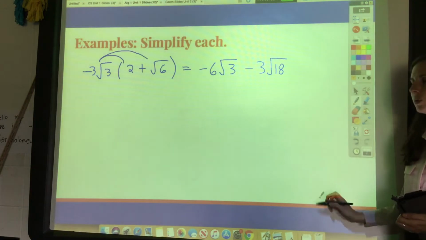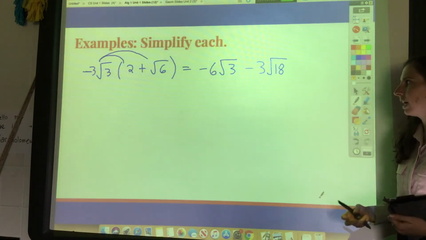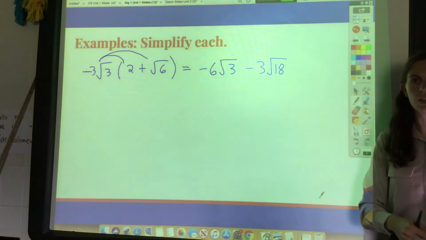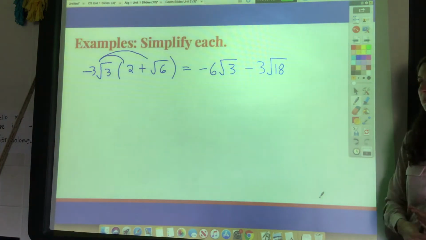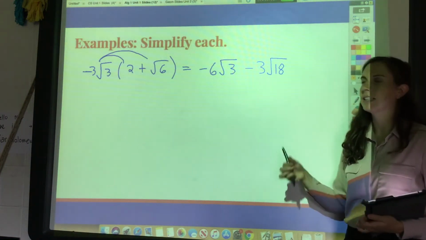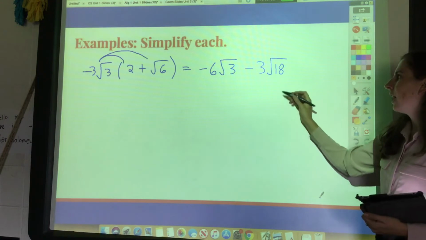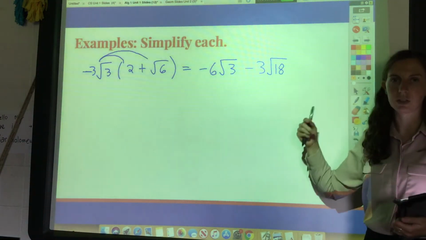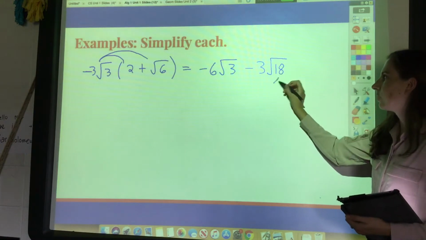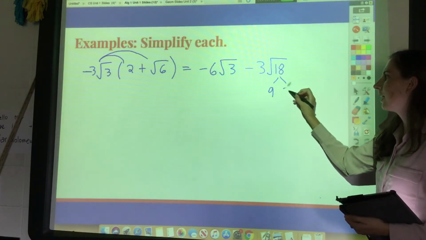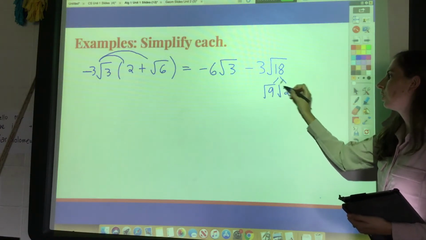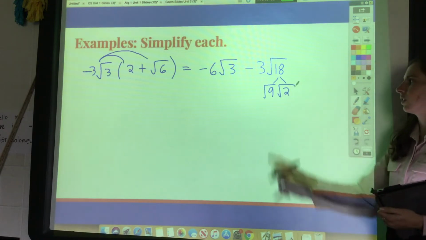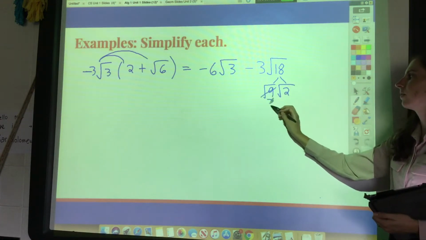All right, so we distributed, that's good. But if you can keep breaking things down, you want to do that to fully simplify it. Square root of 3 doesn't break down, but 18 will. I could split it into 6 and 3, but that's not helpful because I can't square root 6 or 3. So instead, I'll split it into 9 and 2. The square root of 9 is 3.